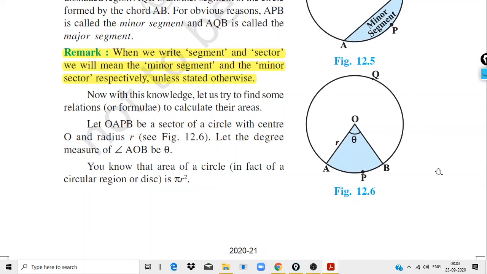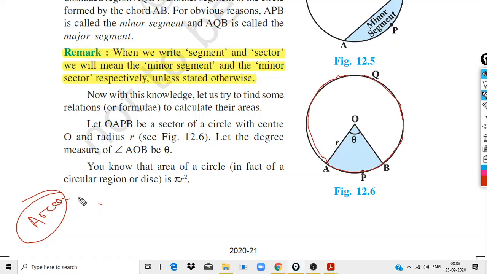Okay, now we will move into the area of a sector. Now you know that the complete area of a circle, the whole area, is what? Area of circle is equal to pi r square. This is known to you, where r is the radius of the circle.